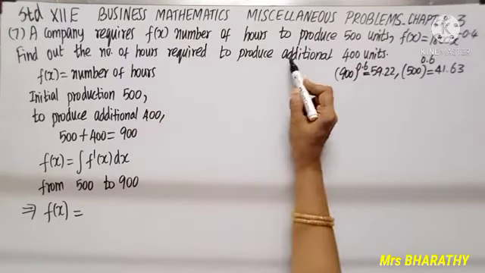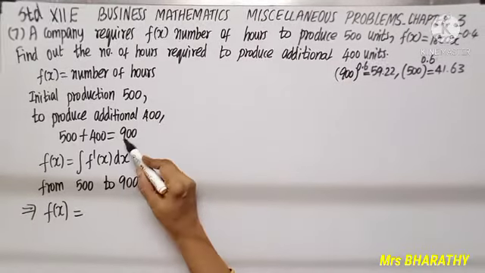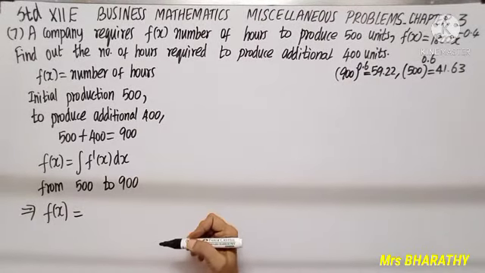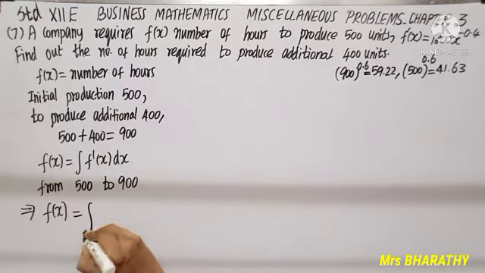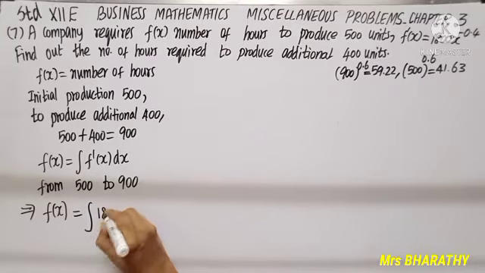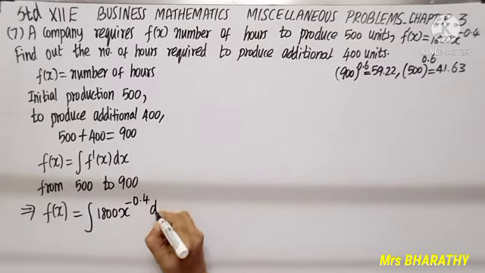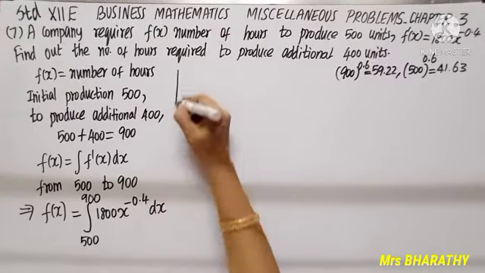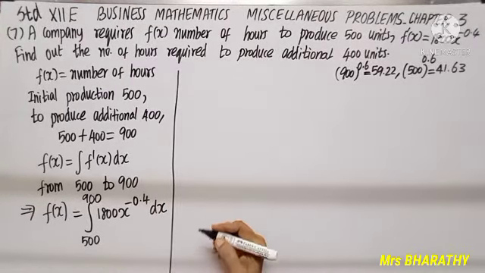We need additional 400, tells me 500 plus 400, that is 900. So to calculate f of x, let us integrate 1800 x power minus 0.4 dx. So between 500 and 900, let us integrate.